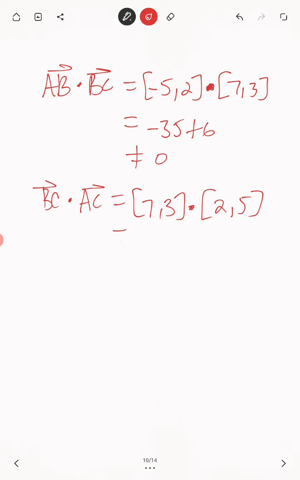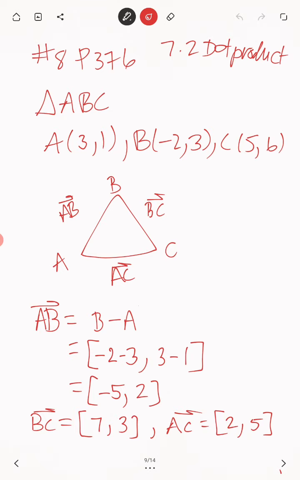And so the dot product is clearly not going to be 0 because both components will be positive. So it's 14 plus 15, obviously also not 0. And we have one more possibility.